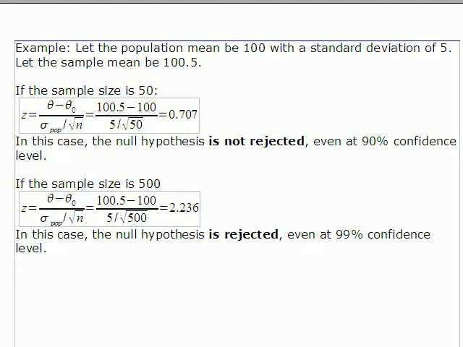Okay, let's say that this is our original data, so we'll say our null hypothesis is that the mean equals 100. Now I have an alternative hypothesis. It can be right or left, it doesn't matter. Let's just say it's a right tail test.